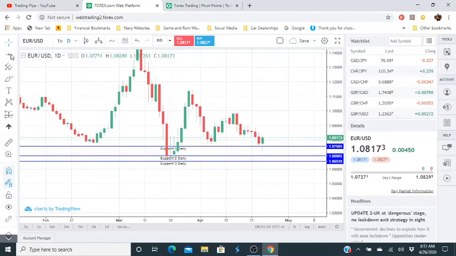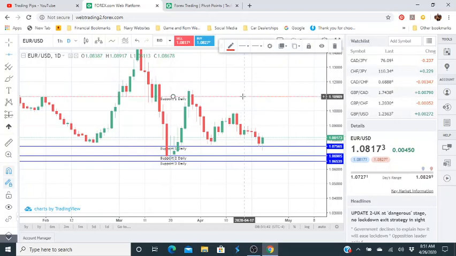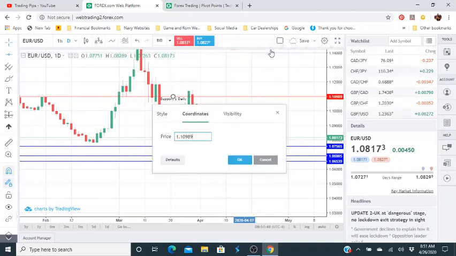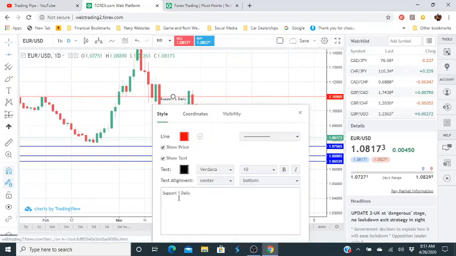So once again, to do our resistance lines, we'll click right back on our horizontal. We'll change the color to red. And we'll do 1 for now because we want to go ahead and change the way it's set up. So we'll click on settings, and we'll go over here to style, and we'll change this to resistance.